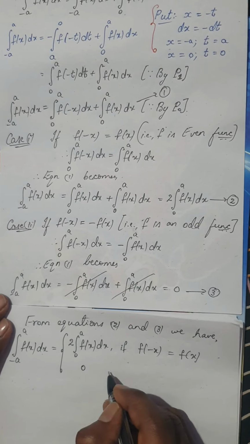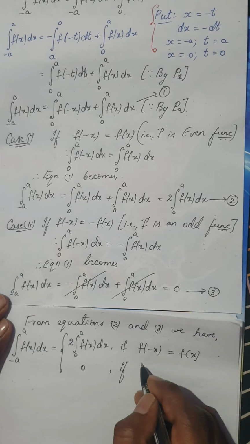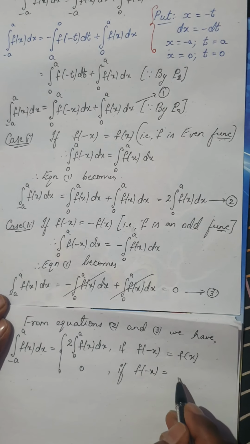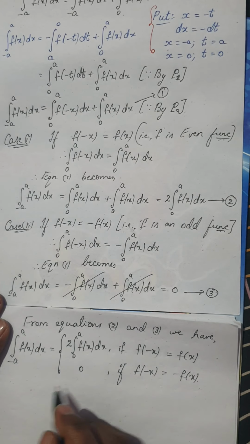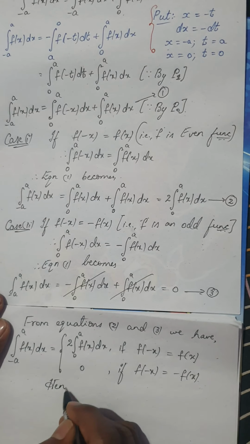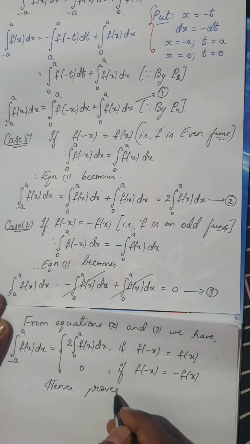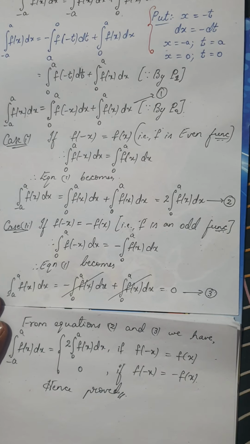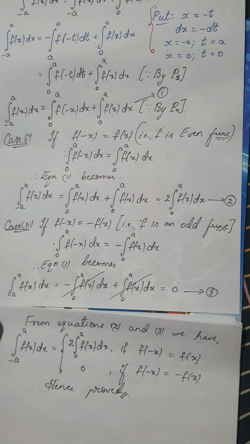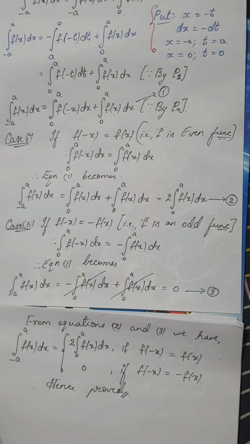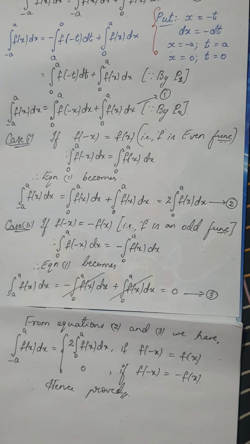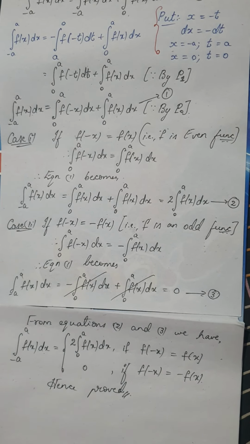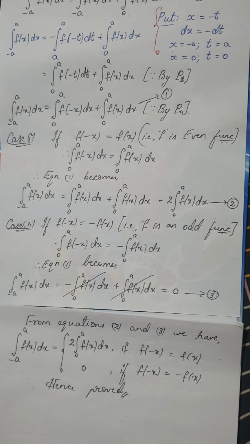You should be very careful. This will be 0 if f of minus x is nothing but minus of f of x. So this is the property, and you can say hence proved. This is the proof of property P7. If you practice writing this one or two times, you can easily write the proof of property P7. So we will move on to the problem part of P7.